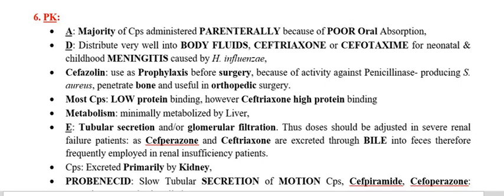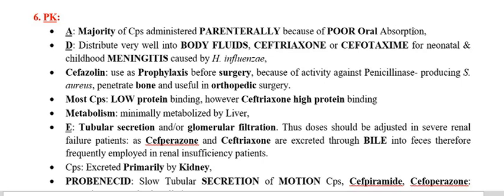Another important point regarding distribution of the cephalosporin is that the drug is distributed throughout the body, like body fluids.